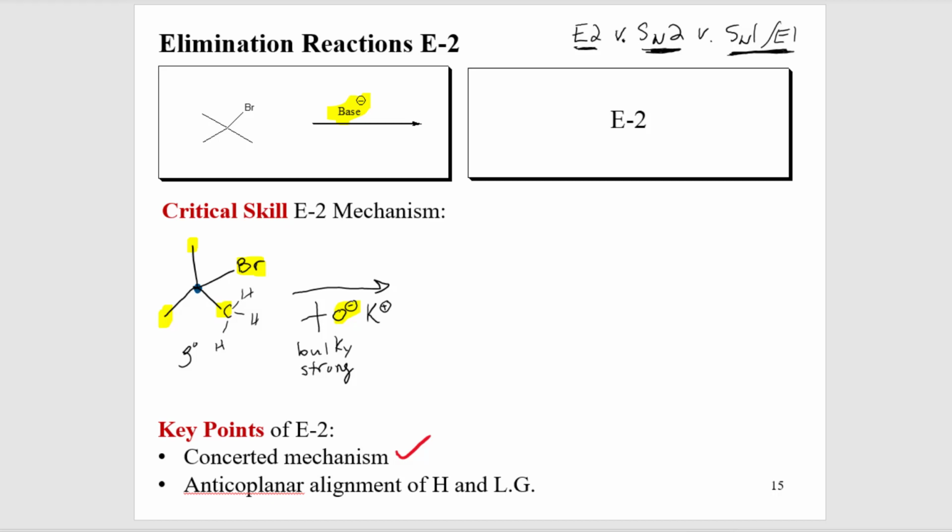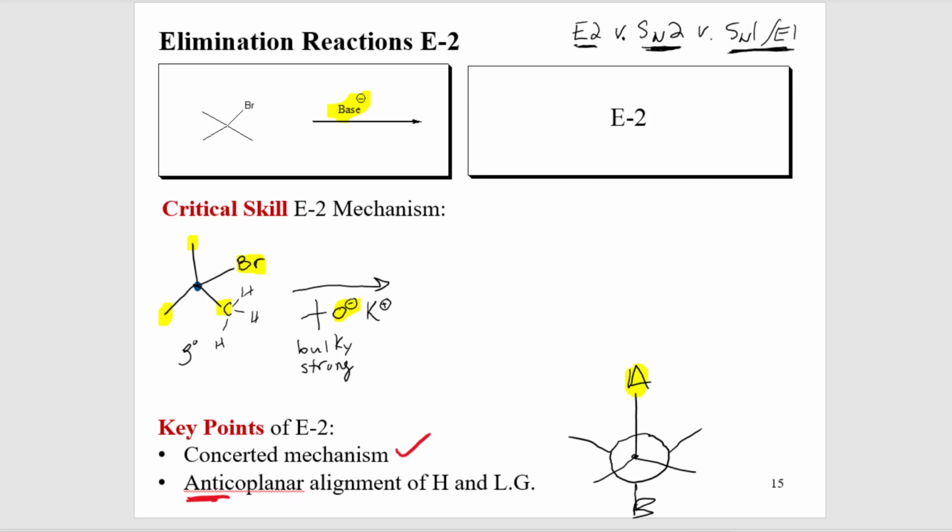And the second bullet point down at the bottom is perhaps the newest construct for you guys. It's called anticoplanar, but it really isn't new. You guys have seen anti when we were doing Newman projections. This is when two groups on adjacent carbons are 180 degrees from one another. So when we were looking at the Newman projection, if we had a group A and a group B, and they were opposed to one another, 180 degrees, this was called anti.